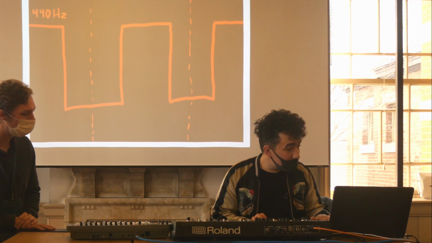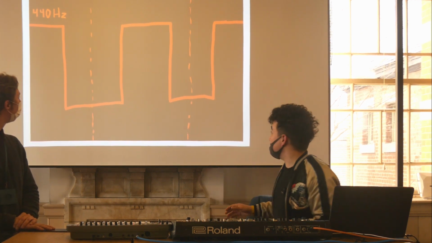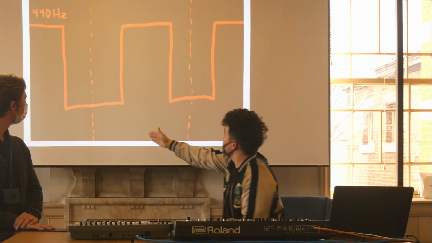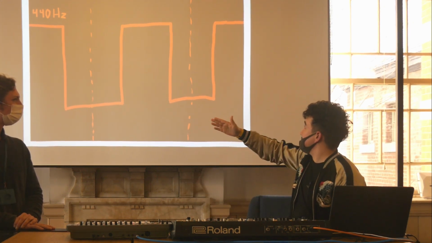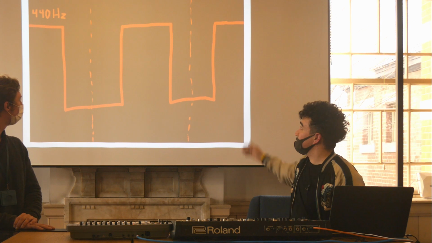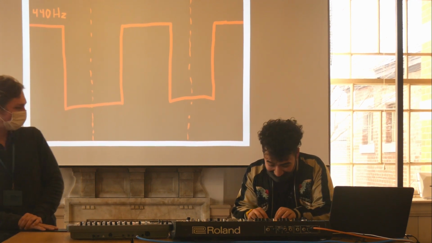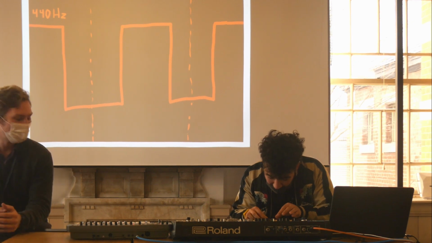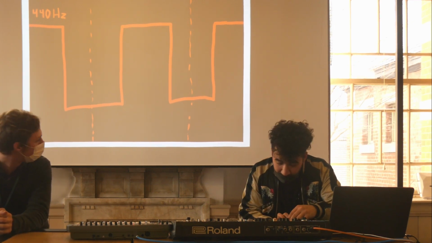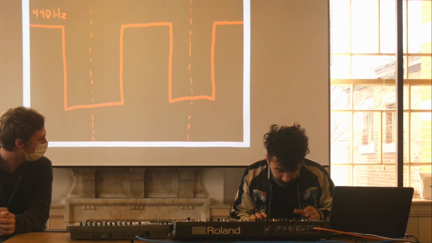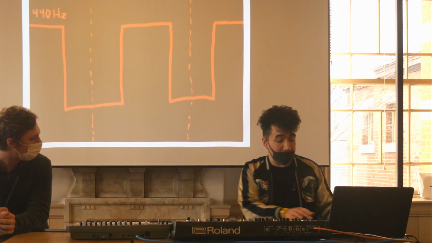As you can see, this would be a full wave here from the start to the end. That's the wavelength of the wave. So that's that right here. We have 440 as a square wave or pulse wave.